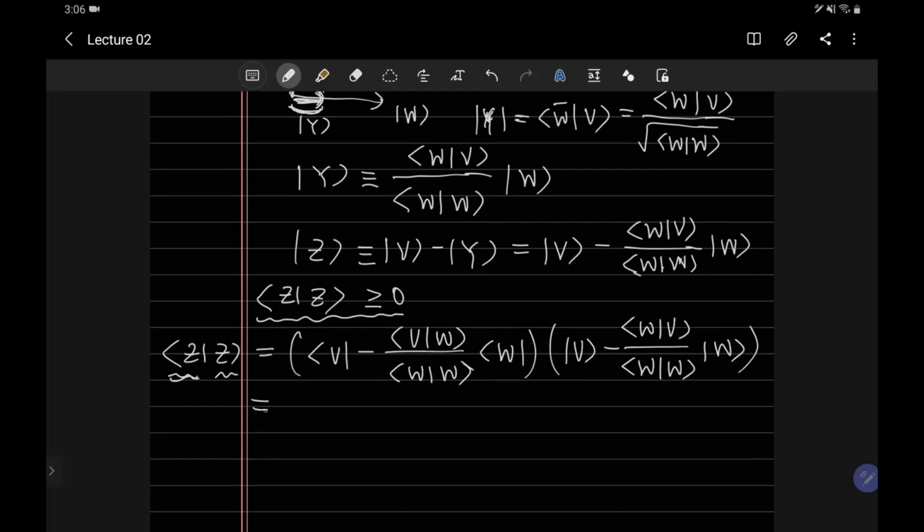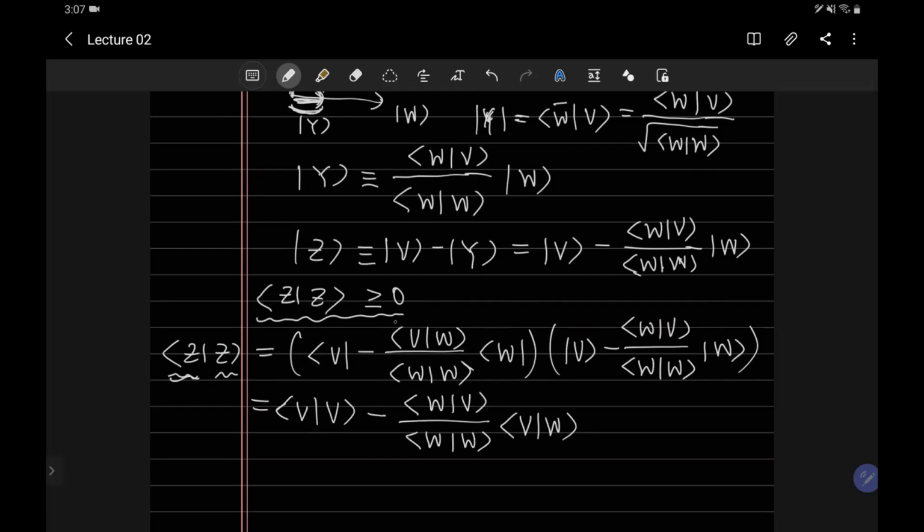Now if I distribute this onto each of the terms, the first term is v v, and minus, in the numerator, w v inner product, and w w, and v is multiplied on this, so that is v w. So I multiply v on both terms.